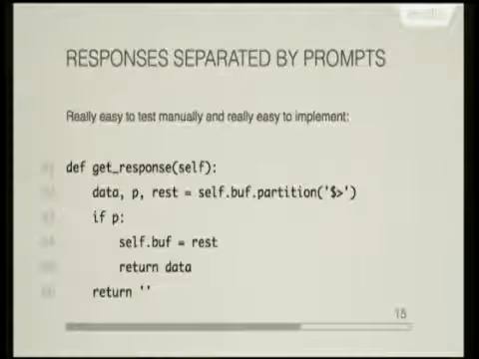You log in to test these things yourself. It's really simple. You just use a command prompt because you're thinking of it like a shell. So it's really easy to implement. You just output a prompt, and then when the client gets it, it'll just split it by the prompt and then take the pieces out and process them as responses to commands.